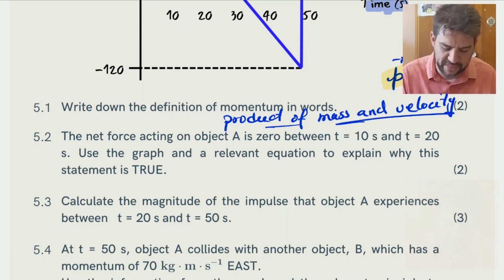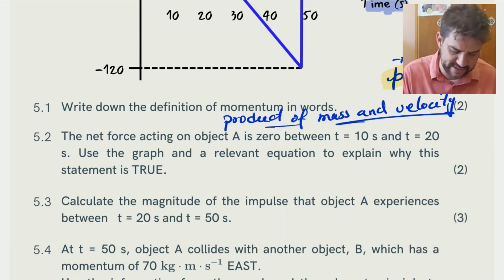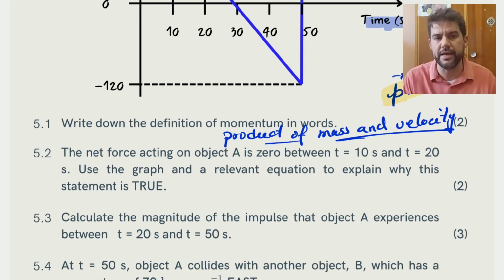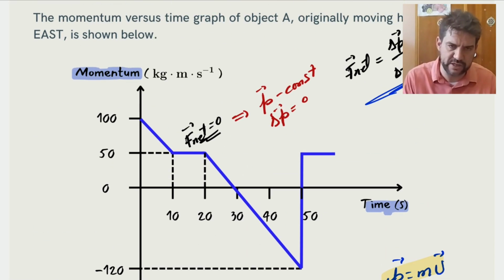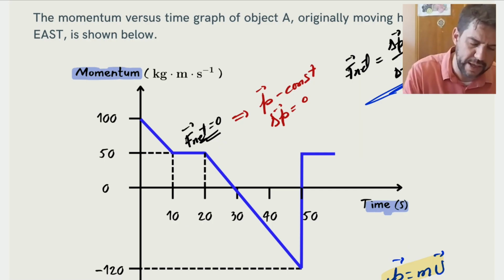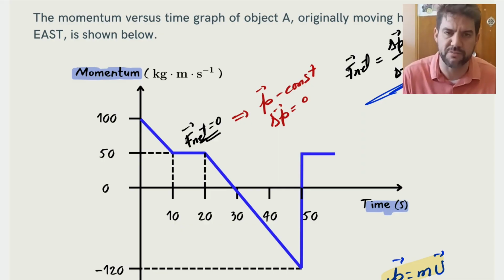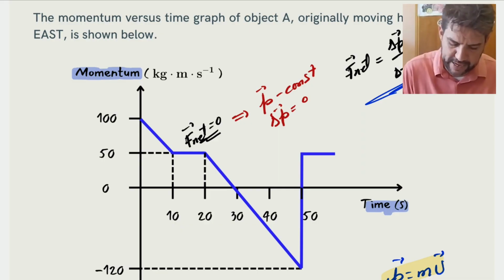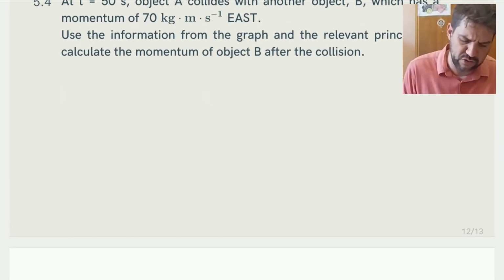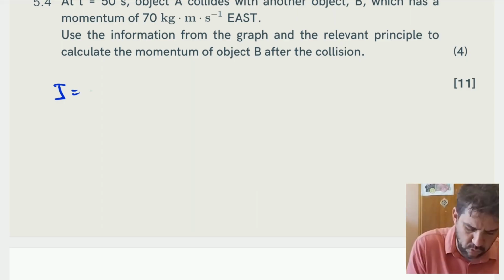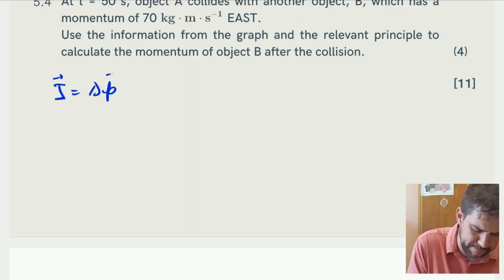Calculate the magnitude of the impulse that object A experiences between t equals 20 seconds and 50 seconds. Between 20 and 50, you're looking for the magnitude of the impulse. We are going to use the impulse-momentum theorem, which we spoke about previously in another video: impulse is equal to change in momentum.